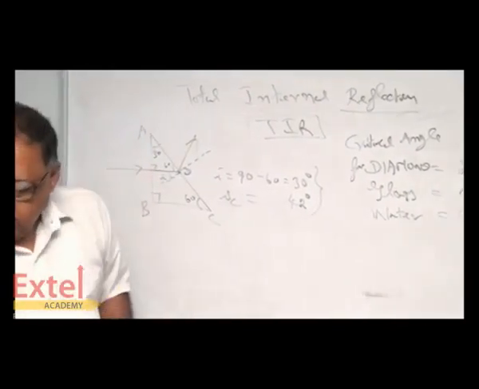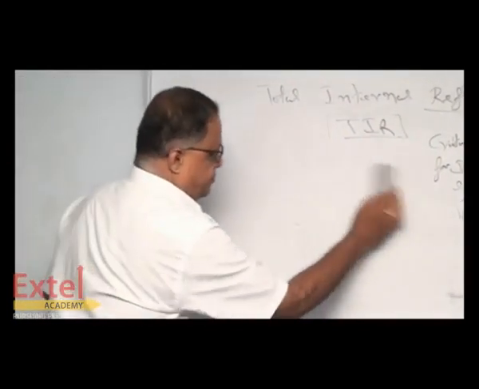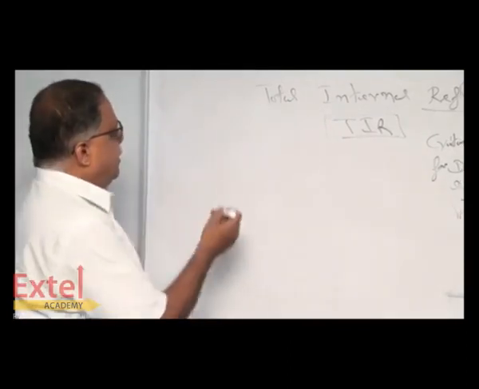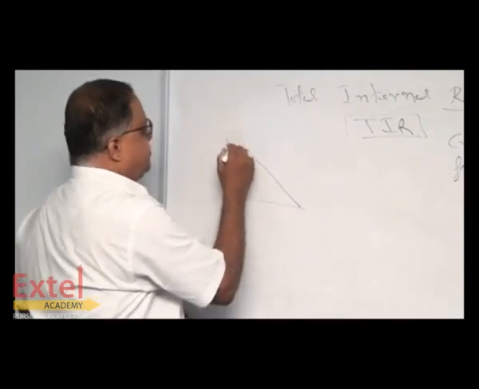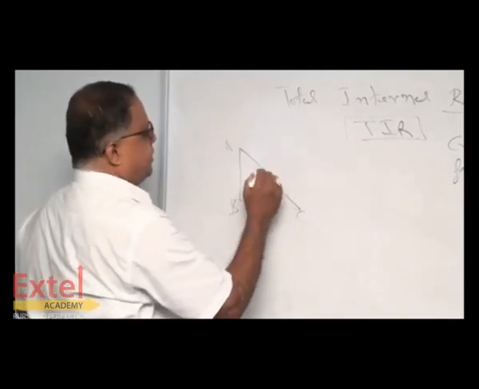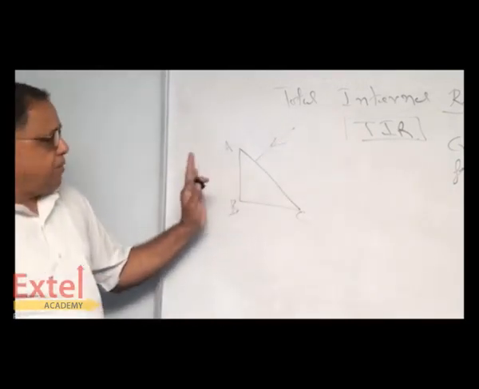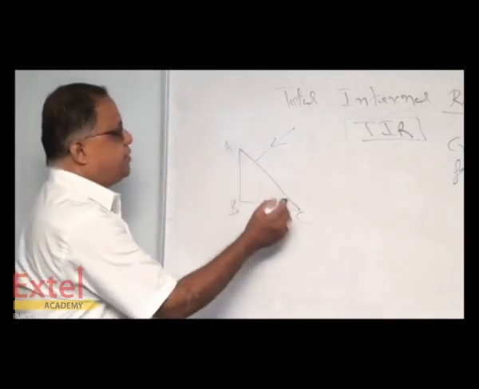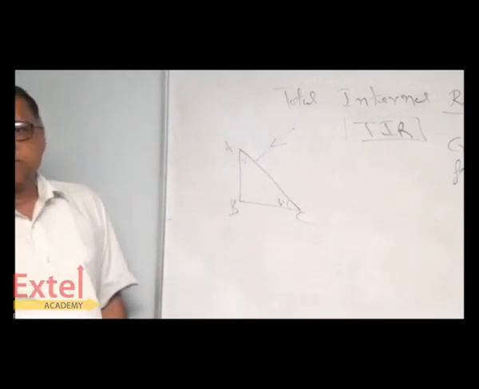One more application of the same phenomenon. When the ray is coming through the hypotenuse, here I am not going through AB or BC, and it is also 45 degree, it is also 45 degree, and the ray is coming through the hypotenuse of the prism.